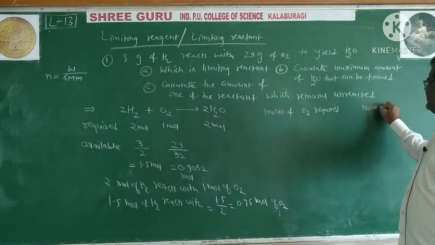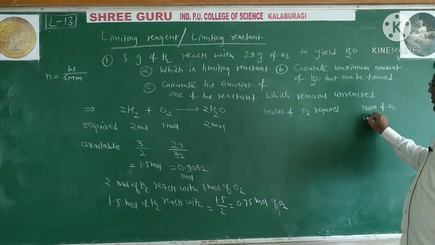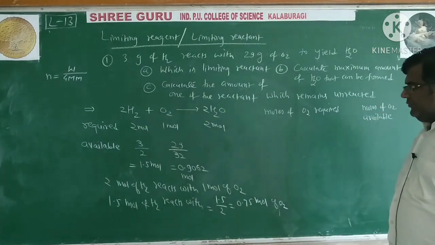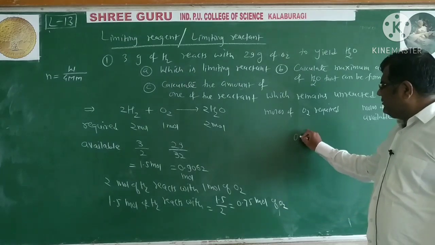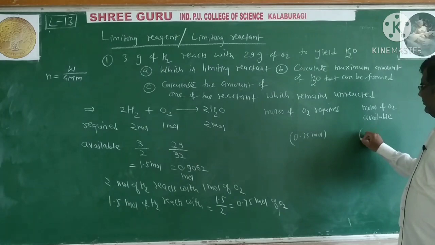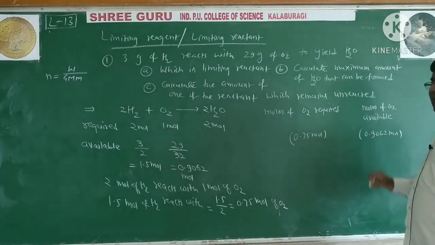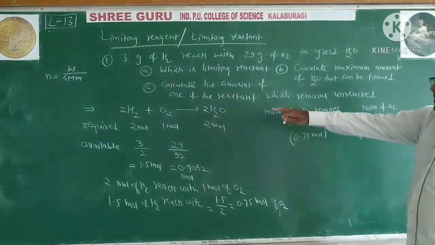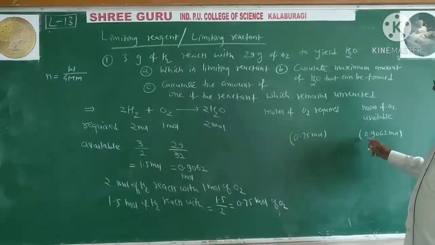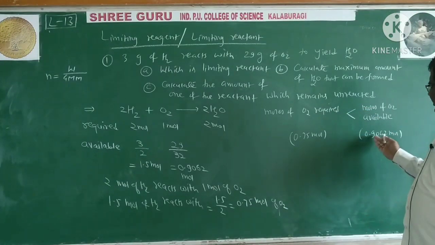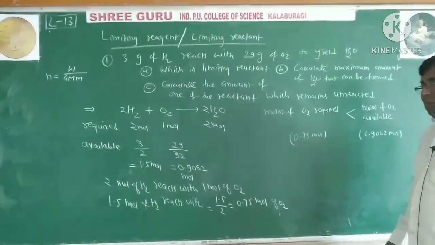And if we compare these moles of O2, available and required: required is 0.75 mole, available is 0.9062. The available is given in the question and the required is given by the balanced chemical equation. So you can say that available is greater, isn't it? 0.9062 is greater than 0.75 mole.